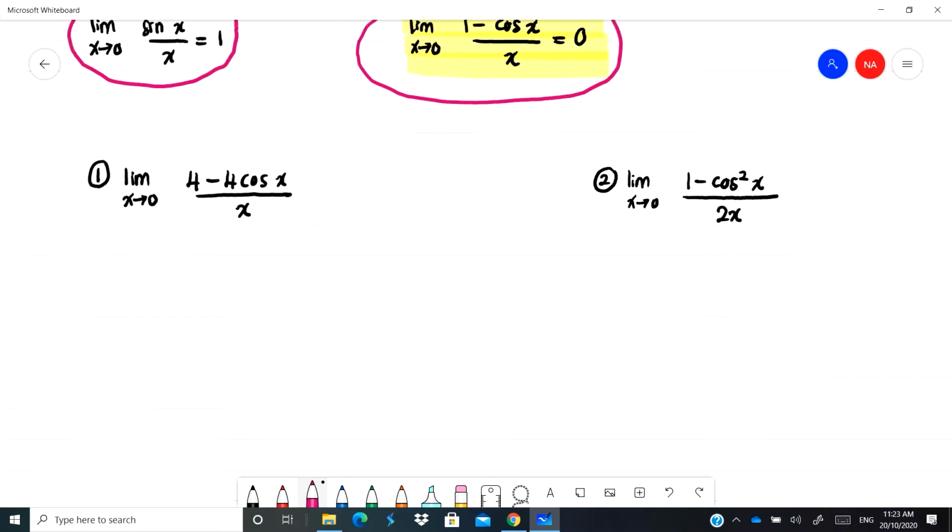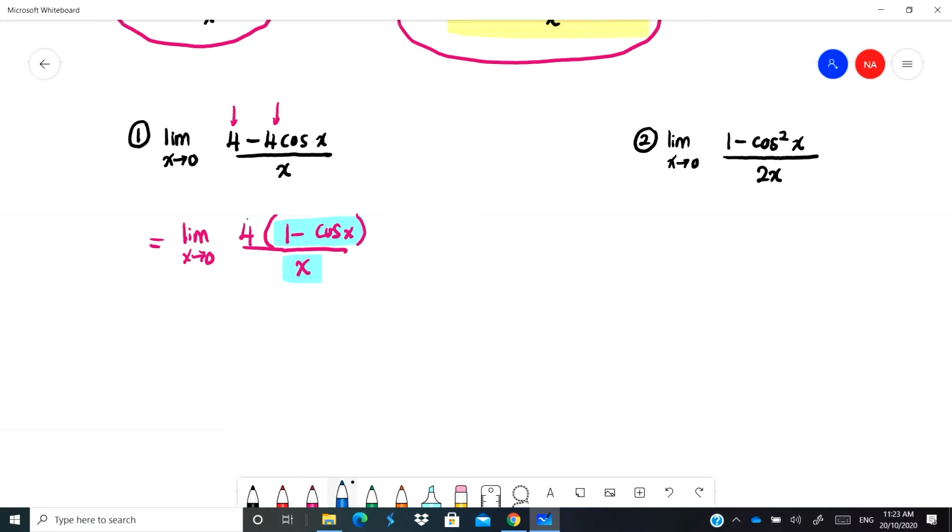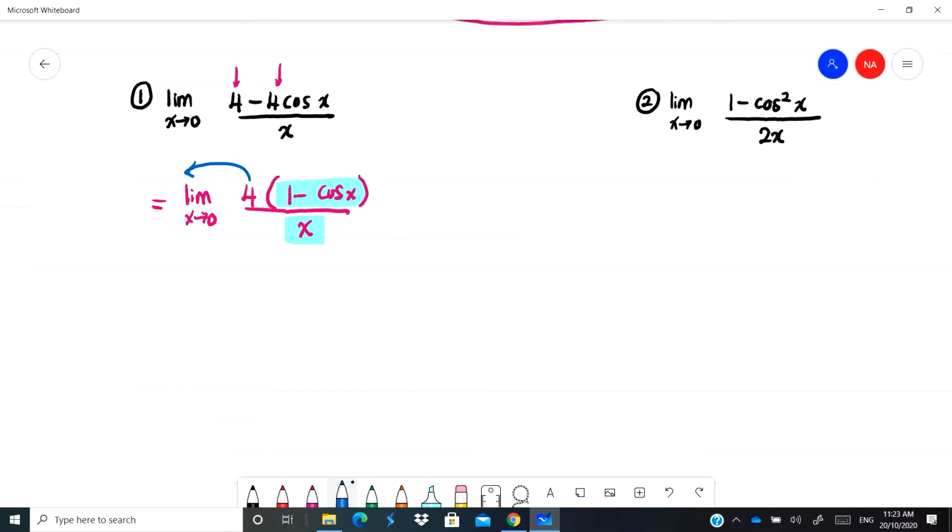So we have this number 1. We have this 4 here, so we can factorize 4. We'll have the limit as x approaches 0 of 4 times the bracket of 1 minus cos x over x. Our aim is to put these together, so we can take the 4 out of the limit because it is a constant.